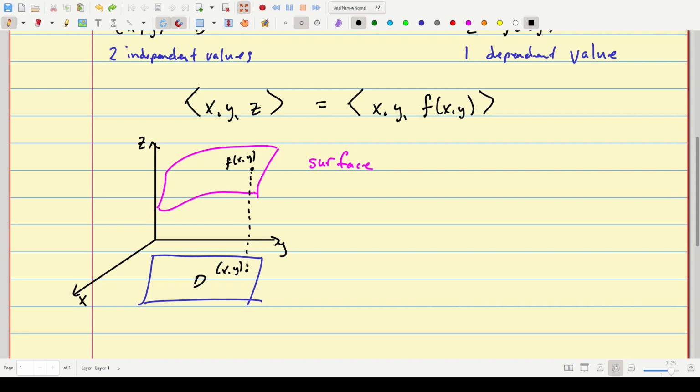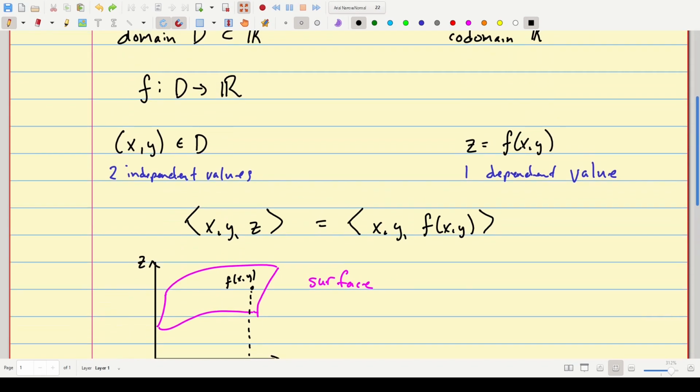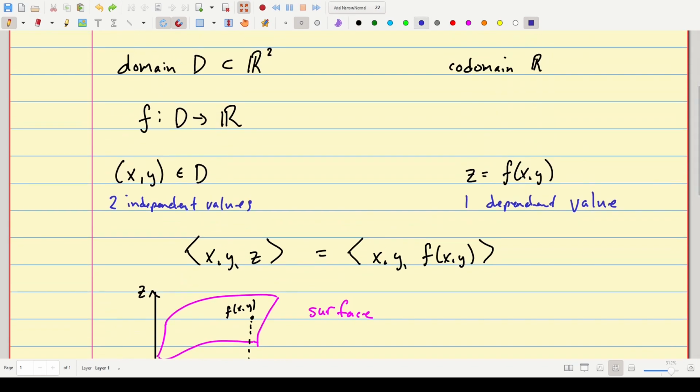So this surface and the objects that we're going to be talking about in general under these conditions with a 2-dimensional domain are 2-dimensional objects embedded in 3-dimensional space.